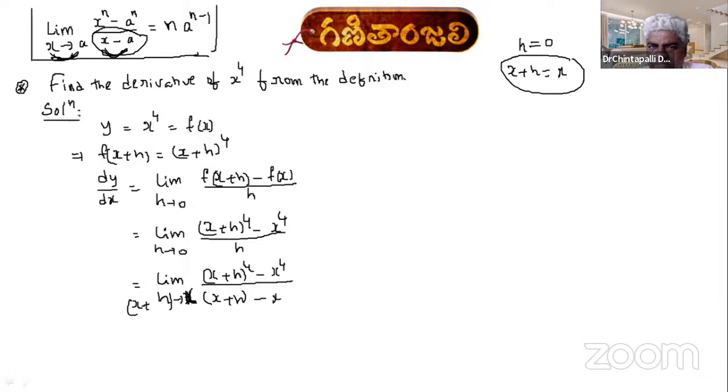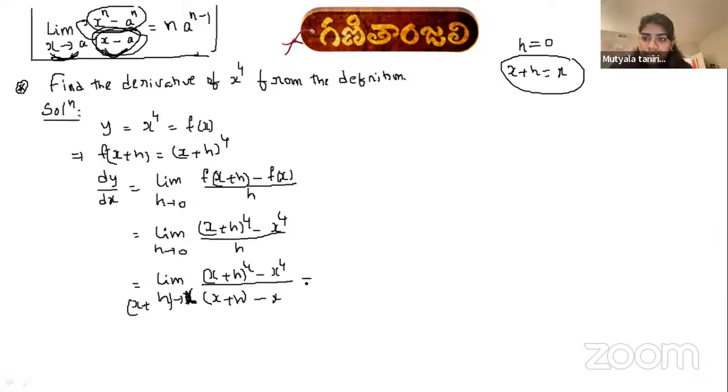In the formula, x tends to a, x minus a. Here, x plus h tends to x, x plus h minus x. Same two terms will be in the numerator, having equal powers. Same x plus h and x appear in the numerator, having the same power, which is 4.